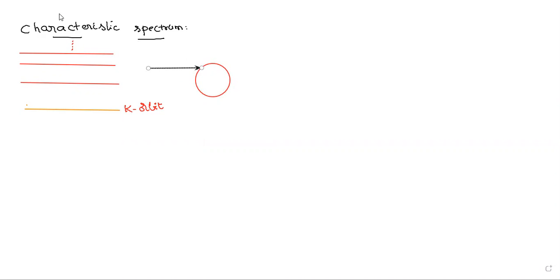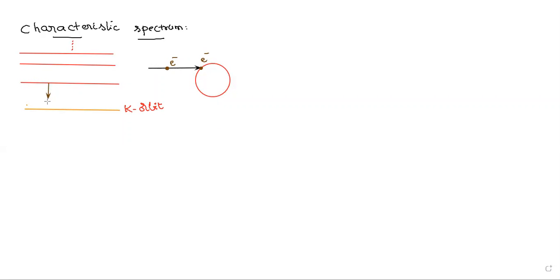Suppose here, this is one electron, the striking electron, and this is the orbiting electron. Then obviously the K orbit becomes empty. Then from higher orbits, the electrons will jump.